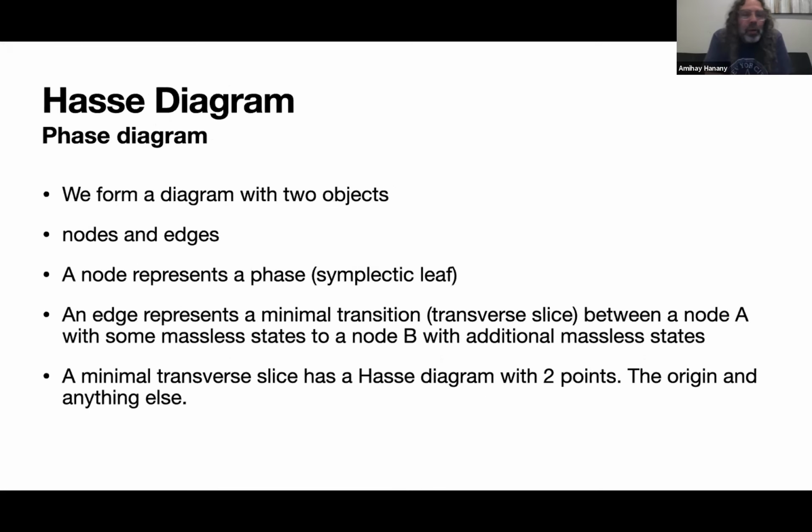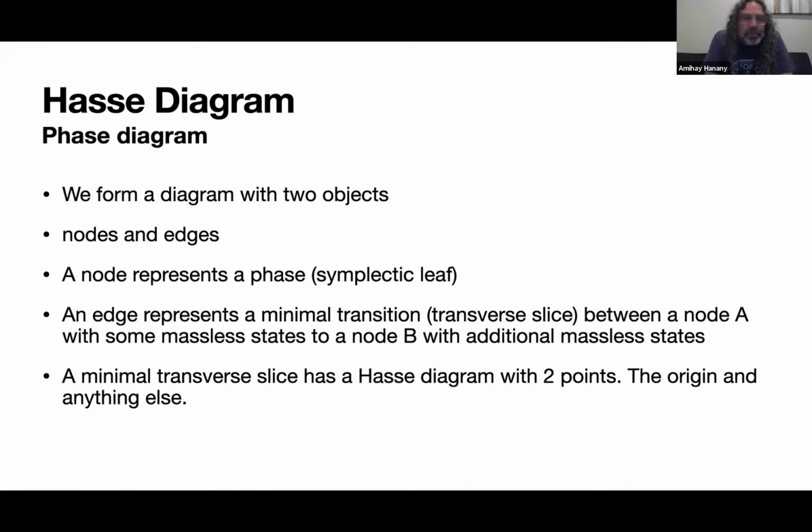So now we are led to discuss the Hasse diagram in more detail. Physically, it's a phase diagram, so it characterizes phases of the theory that is in discussion. In each phase, you have different sets of massless states.